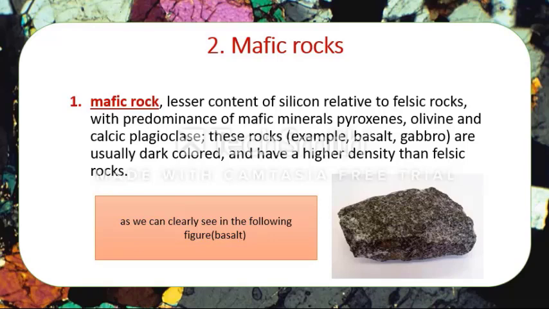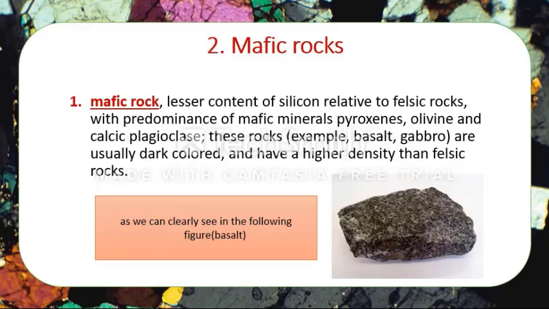If basalt is an extrusive igneous rock, then gabbro is an intrusive igneous rock. Basalt's rate of cooling is fast because it is near or on the surface of the earth, but gabbro is beneath the surface of the earth, so the rate of cooling is slow and the texture is coarse.